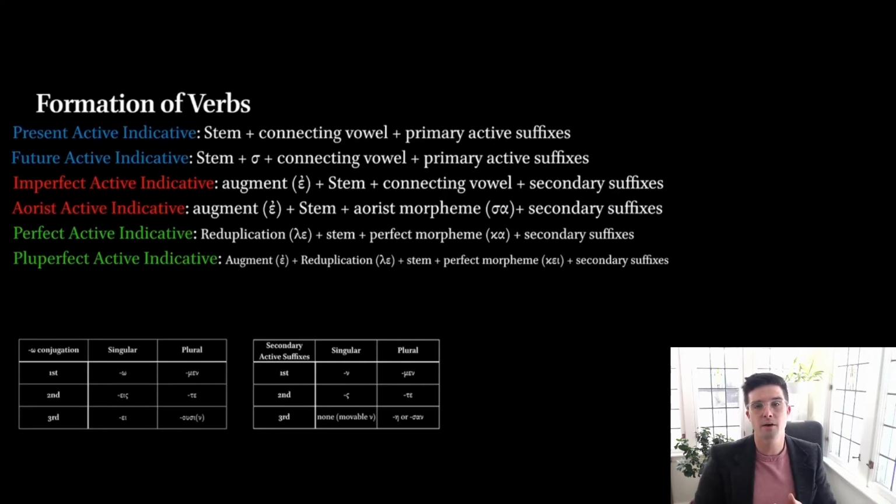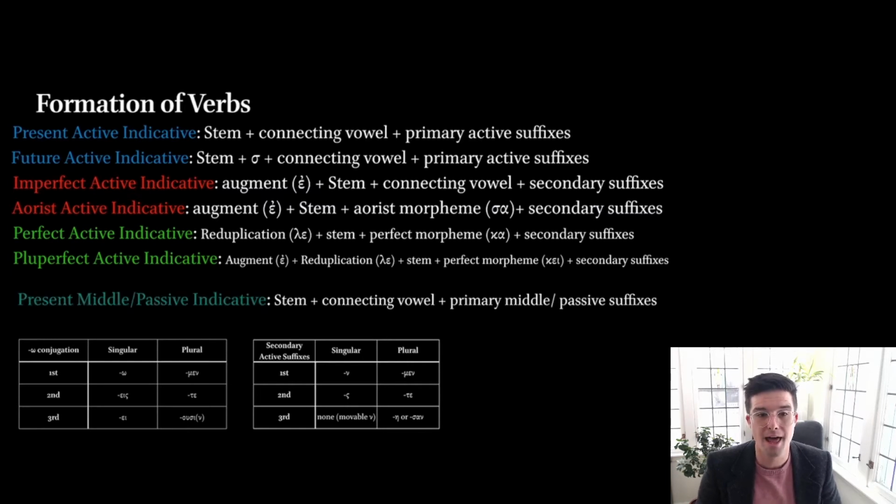And so we've shown you the way that verbs form for all of the different verb forms that we've learned so far in this class. And we want to add on here the present middle passive indicative. The way that the present middle passive indicative forms is it uses the stem, nothing before the stem, because it's not past tense, so we're not getting an augment. It's not perfect, so we're not getting reduplication.